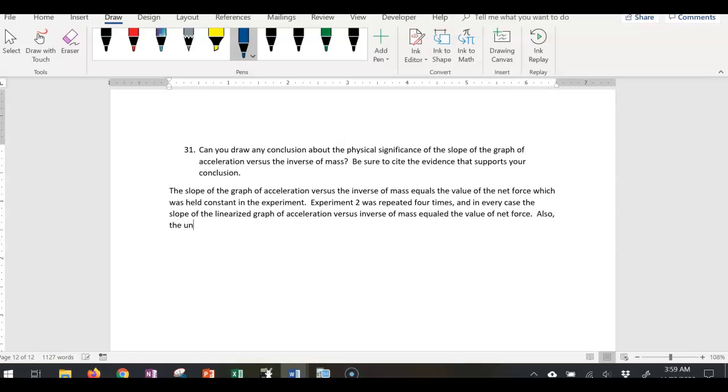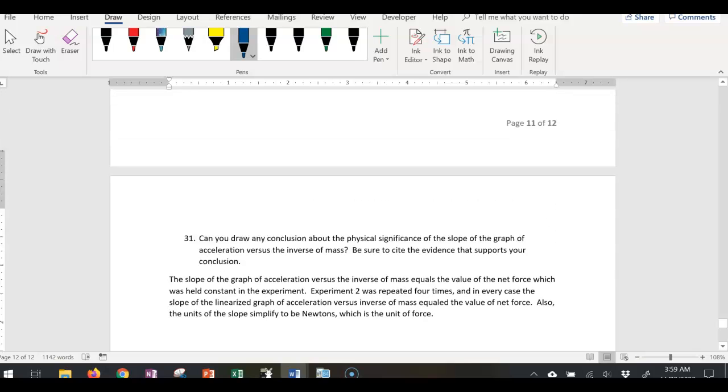Also, the units of the slope simplify to be newtons, which is the unit of force. Okay, so we have 2 pieces of evidence here.